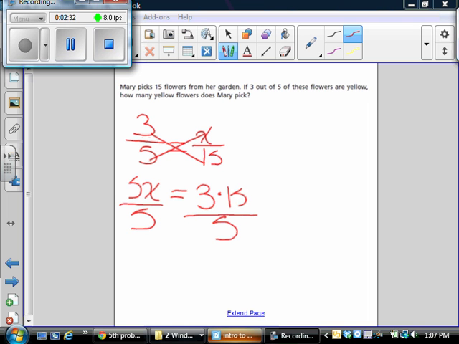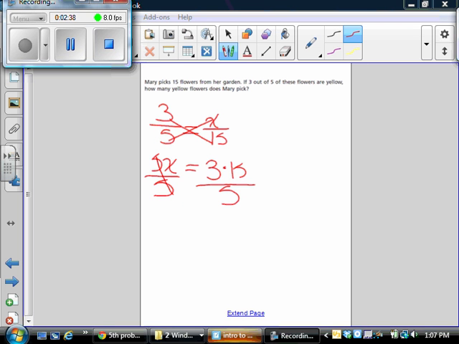Then I divide both sides by 5, which gives me 9. Show it. No, show what x equals. That's what you usually show when you finish out the problem. Beautiful.